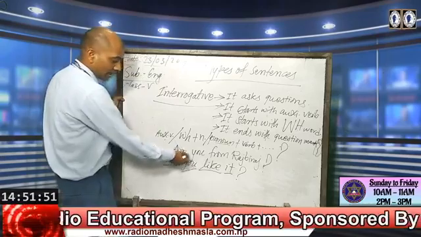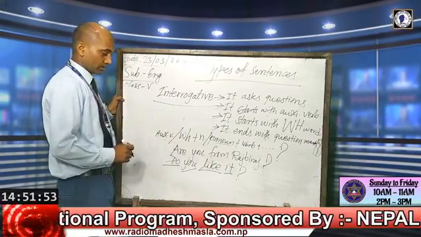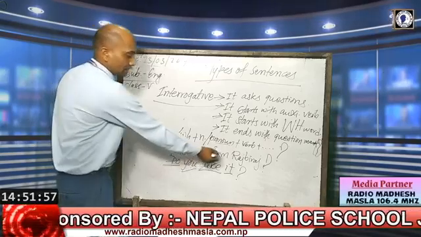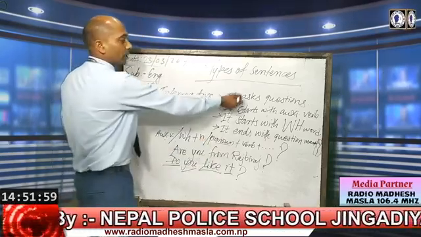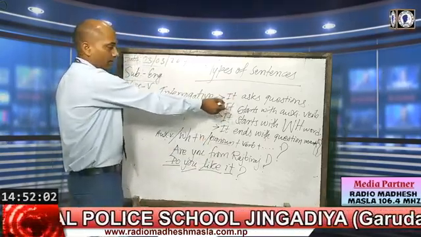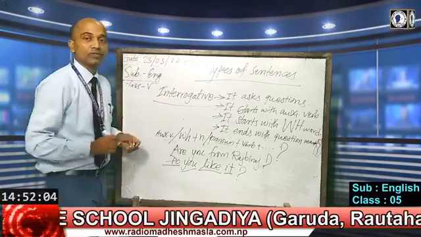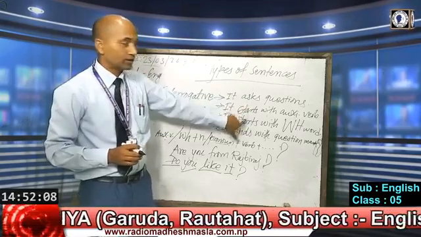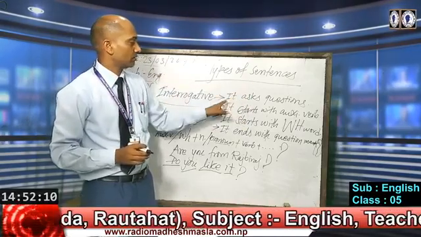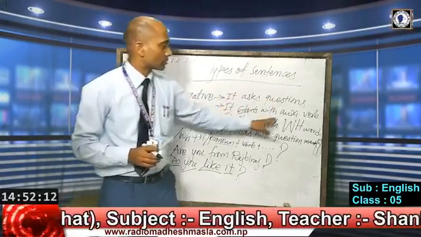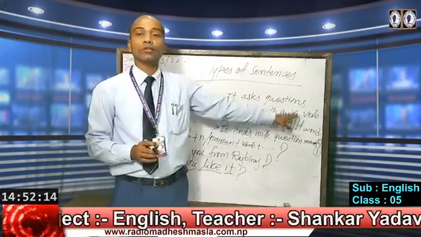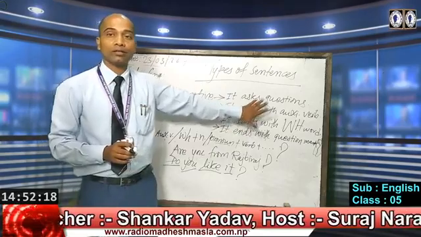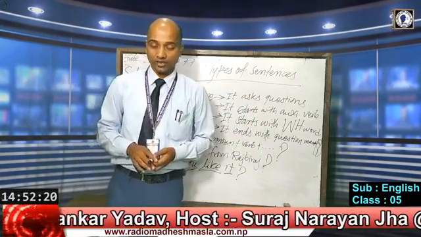So these are the interrogative sentences according to this structure, and this sentence has the following qualities. It asks questions, it starts with the auxiliary verb, it starts with the WH words, it ends with the question mark. These are the qualities of the interrogative sentence.